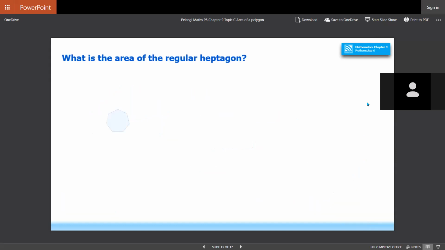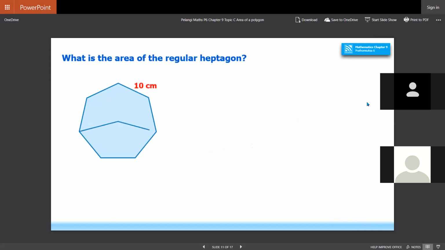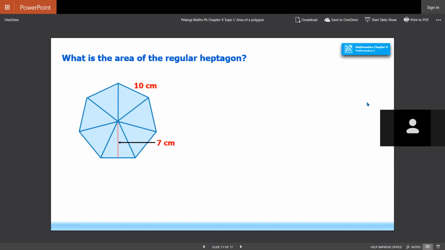What is the area of the regular heptagon? This is question for Piraya. Can you tell me how to do this? The area of a heptagon is equal to 1/2 times base times height. No. What's the formula?